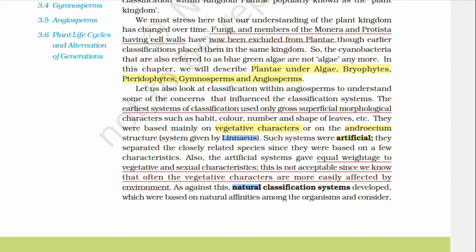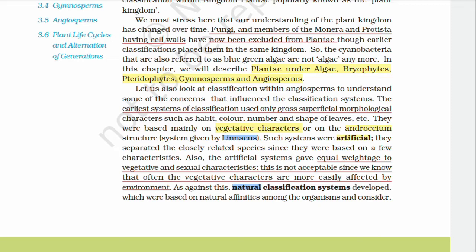That was the disadvantage of the artificial system of classification, because vegetative characters like the number of leaves, the shape of the leaf, the color of the leaf are easily affected by the environment. How could we take that into consideration? So this was the disadvantage of the artificial system of classification.